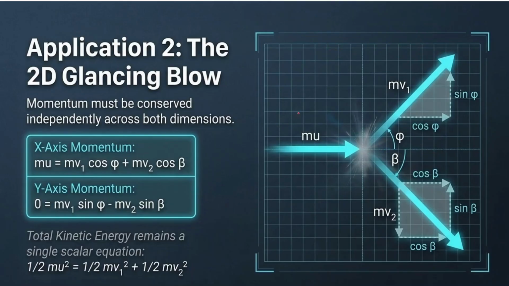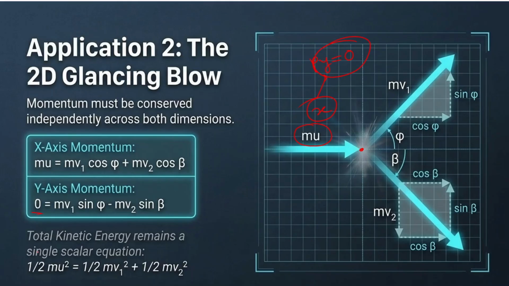Now we have to consider the y direction as well. In the y direction, the particle at rest has zero momentum. The other particle initially has a velocity only in the x direction, so we don't have a y component of velocity, which means py of this particle is zero.